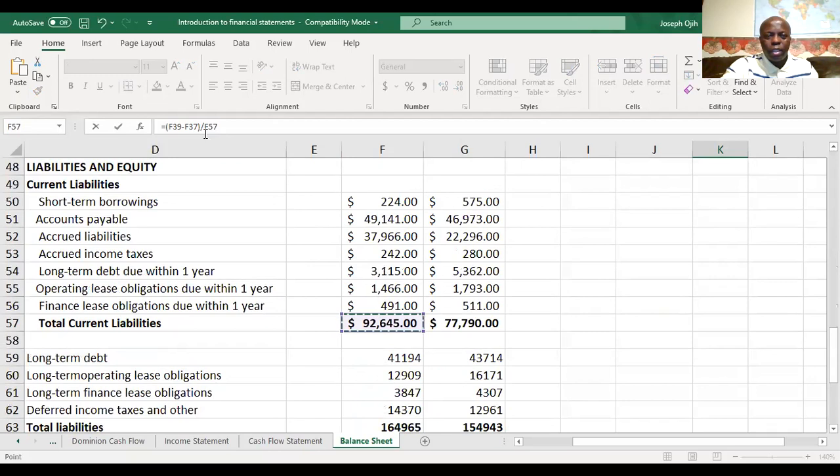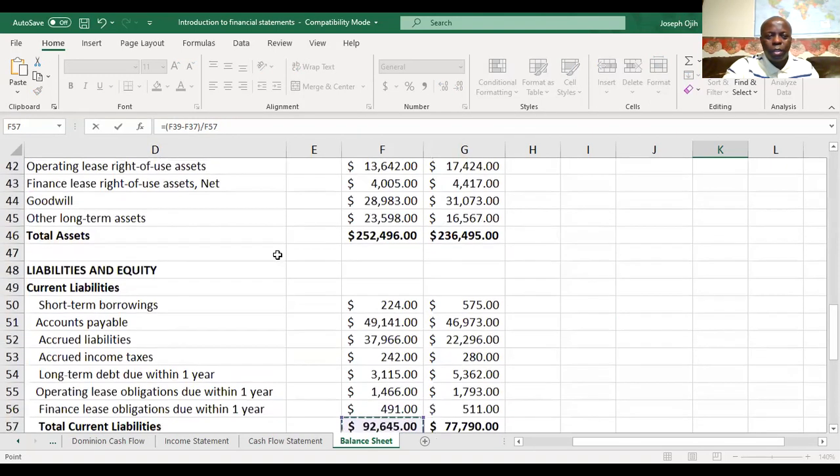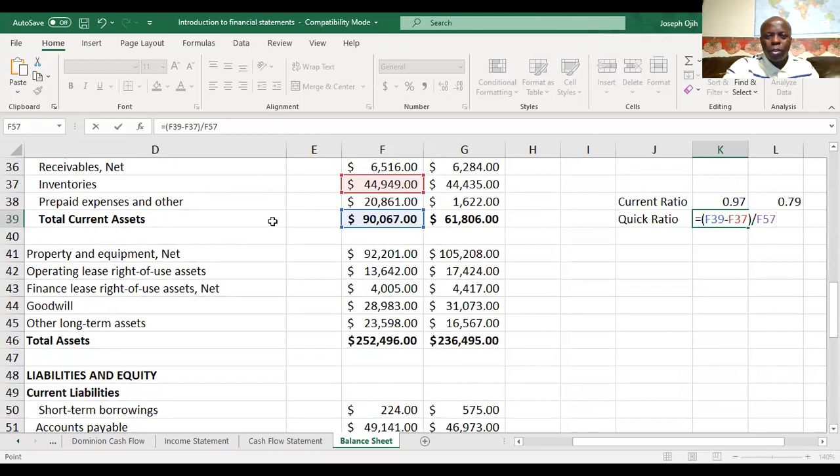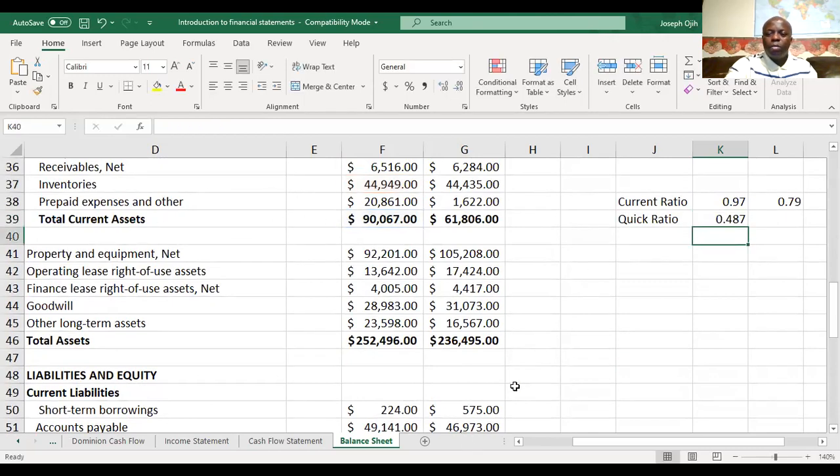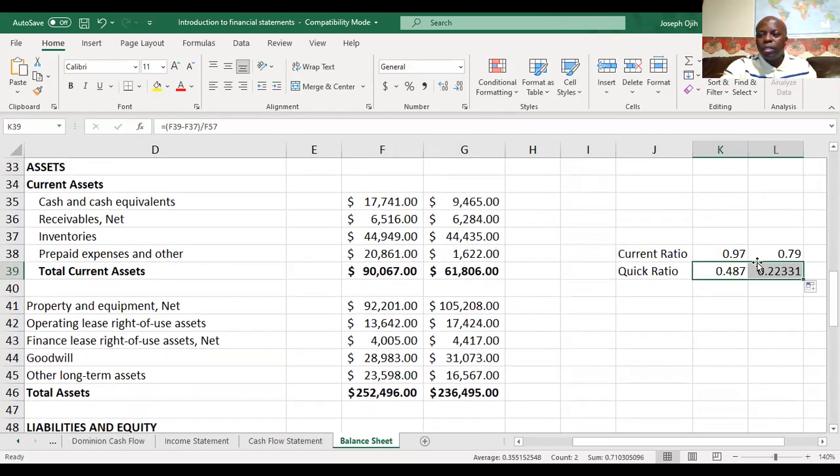Now you can see the calculations here too. F39 means column F, and then 39 will be total current assets. So when you press the enter key, it gives you the result, and now you can copy it to calculate for 2020.